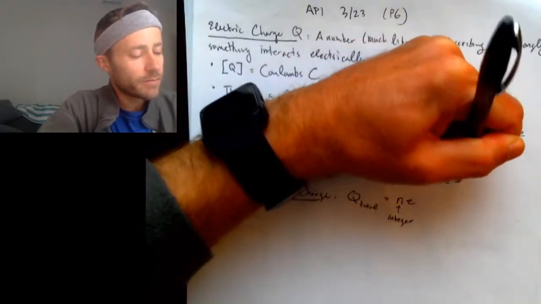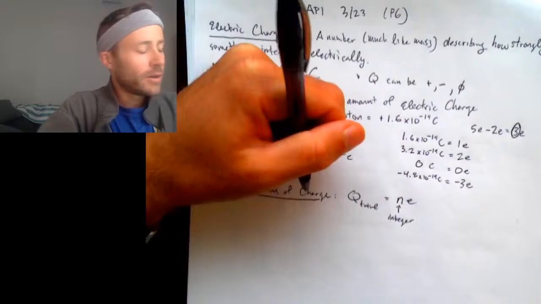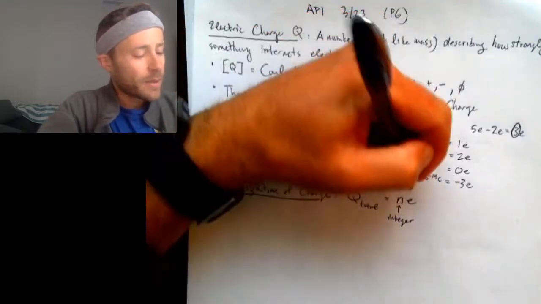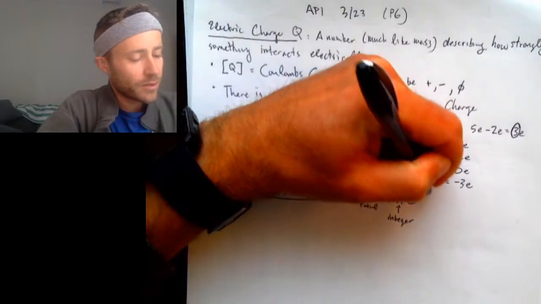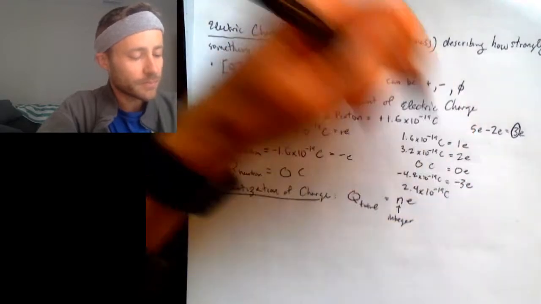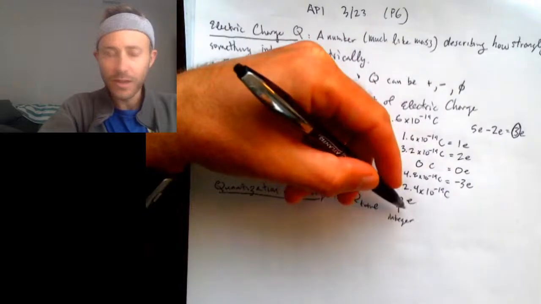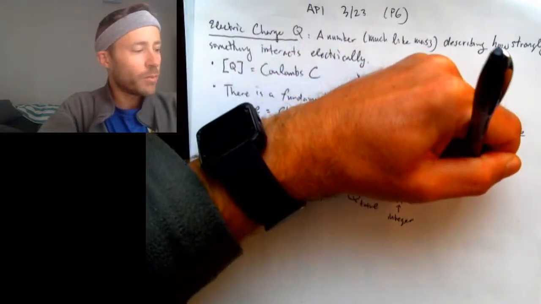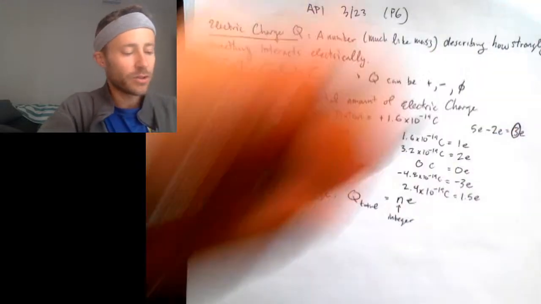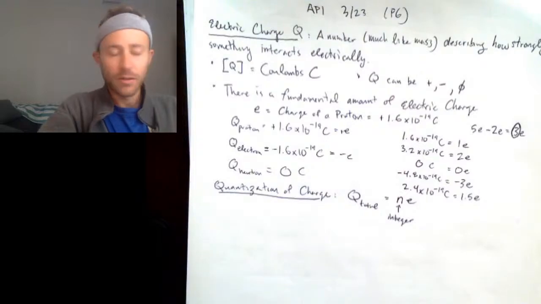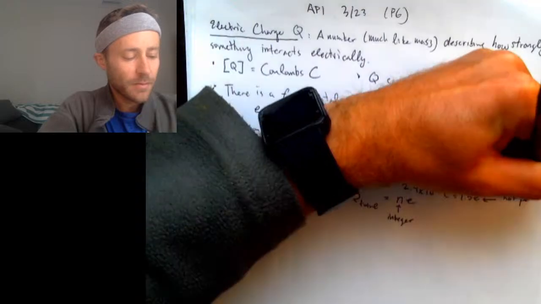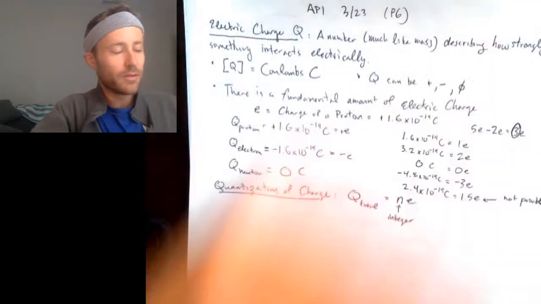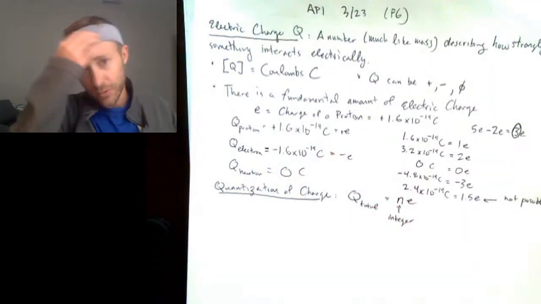But you could not have a charge of 2.4 times 10 to the minus 19 coulombs. Why? Because that is actually 1.5 fundamental charges. So this is not possible by the quantization of charge.